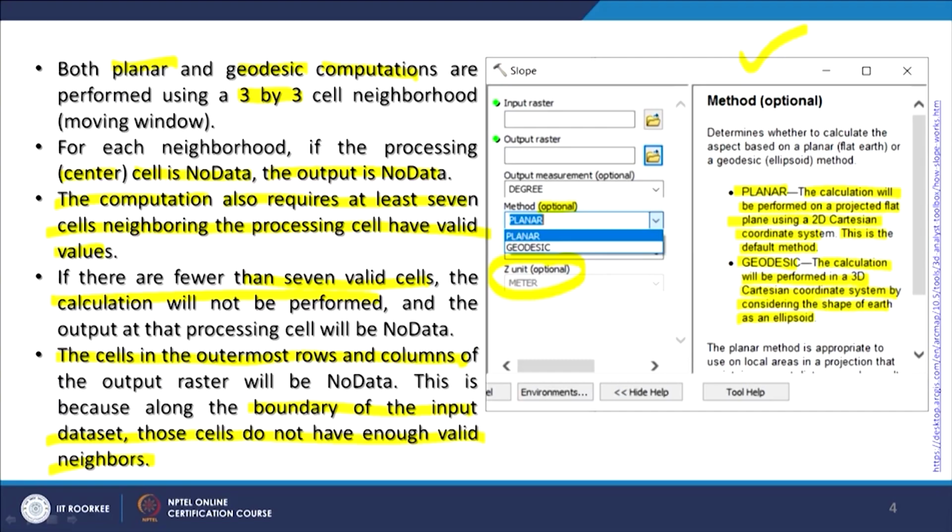If one cell has no data, it is fine, but in the corners or on the margins of your input digital elevation model, more than 2 cells will not have data, and therefore the calculation is not done. So, your output would be reduced by at least 2 cells by 2 cells on the borders. This you have to remember, one cell thick on all sides. It is a kind of border it will create with no data.